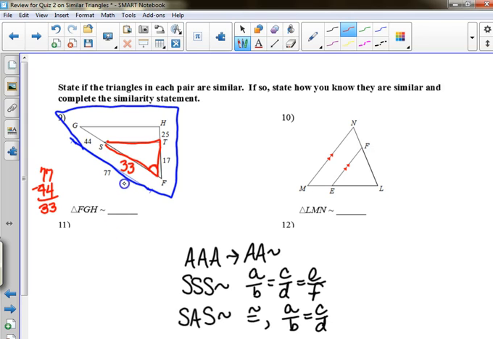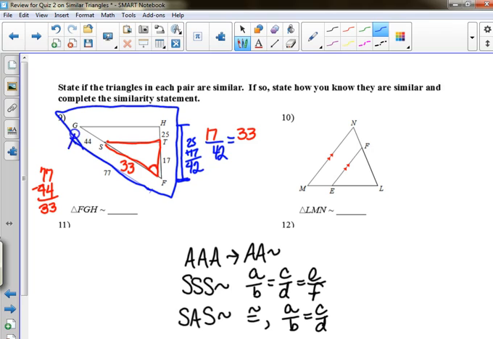All right, so now in this little red triangle, I have a 17, an angle here, and a 33 as the other side. In the big triangle, over here going with the 17, I have a side that's 25 plus 17, which is 42, I think. So that matches up to the 17.